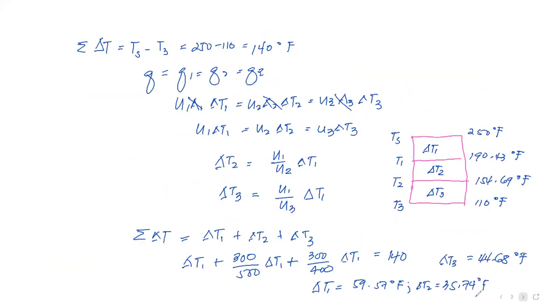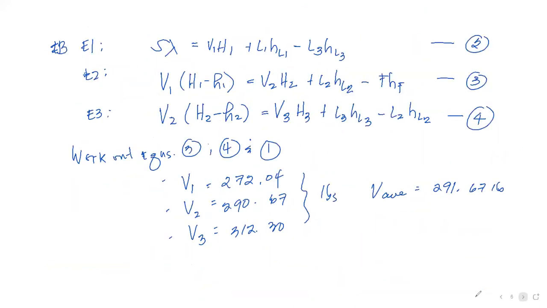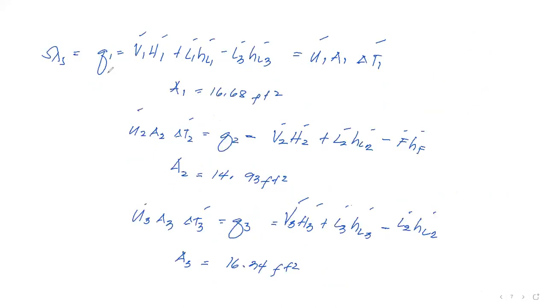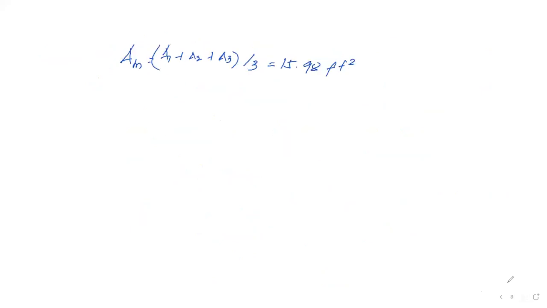In this case, we can now compute for S from the formula S lambda S. Your S lambda S is equal to U1 A1 delta T1, which is your Q1. You use the average already, because you cannot use the actual A's since they vary.